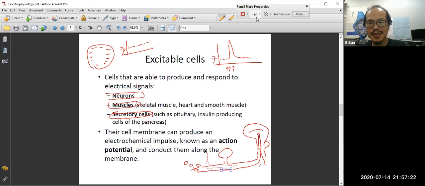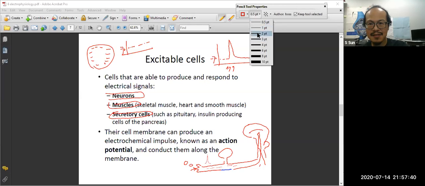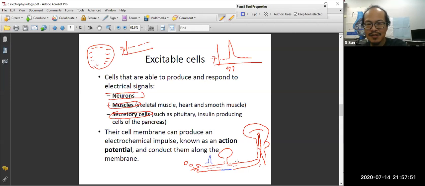And that action potential will then travel. Let's say the action potential is a blue one. That action potential will then travel all the way to the brain.